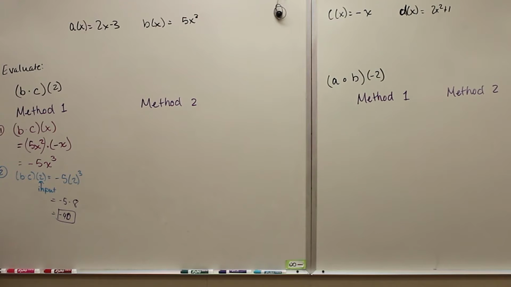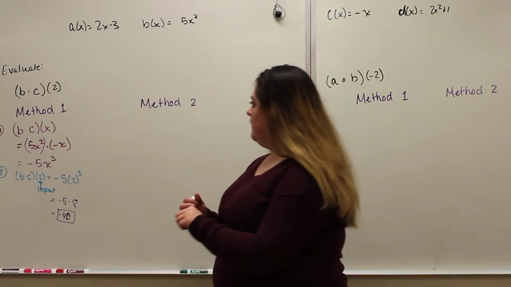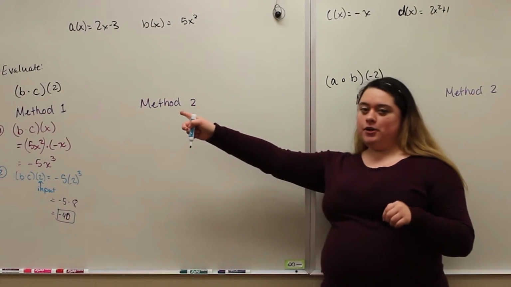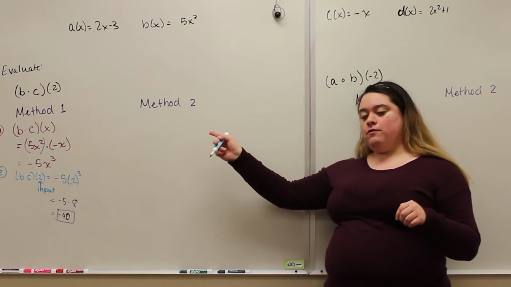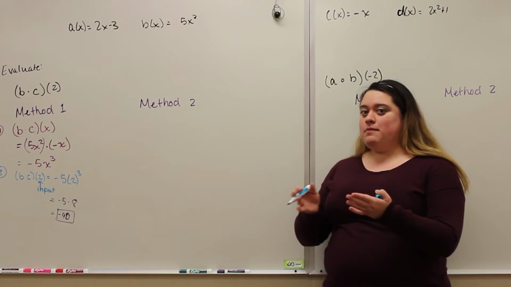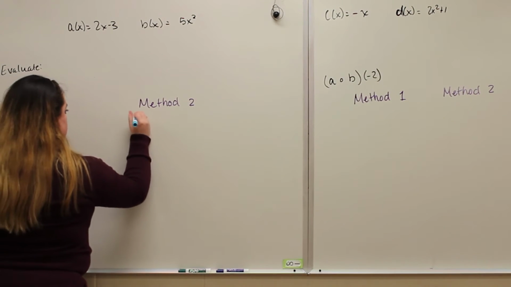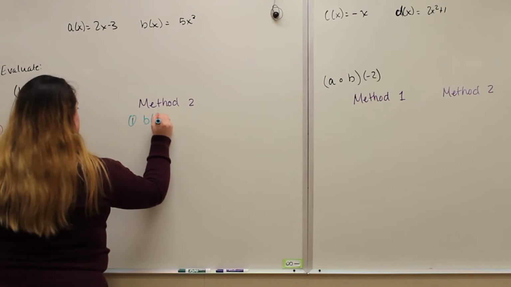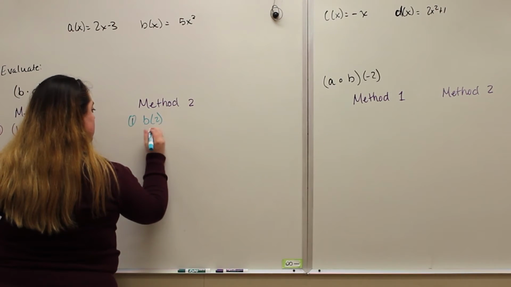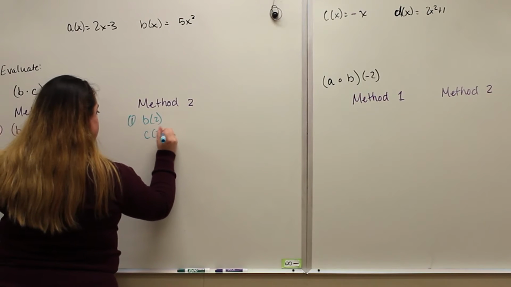Method number 2 tends to be a little bit more popular. So I'm going to take the 2 and plug it into each of my two functions separately, then I'm going to multiply them. So first, I'm going to find b of 2 and c of 2.